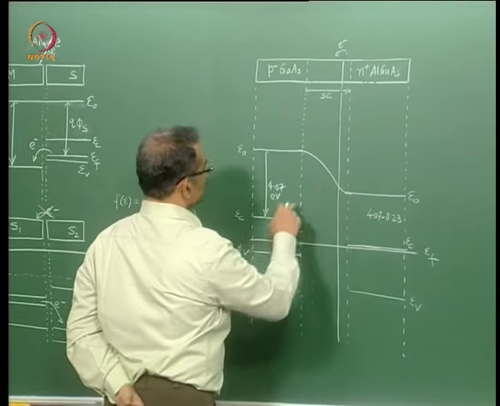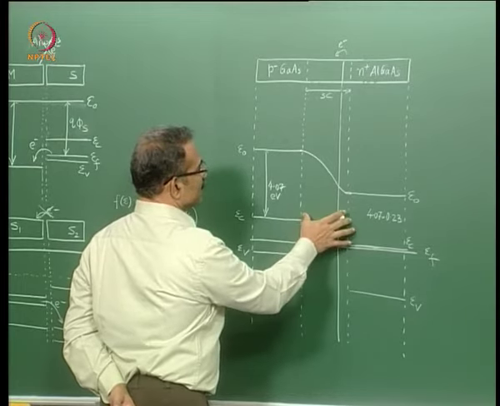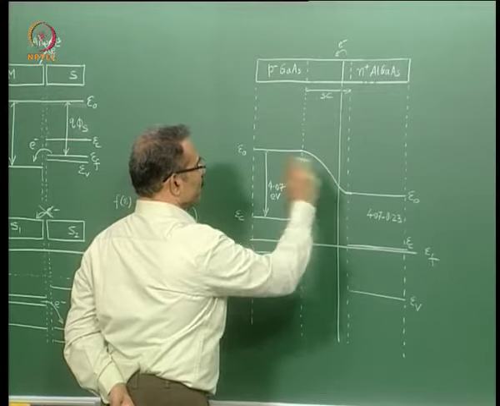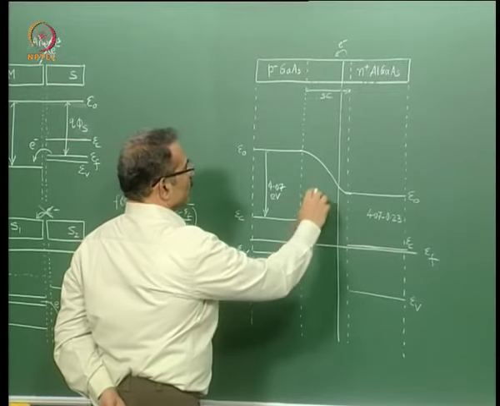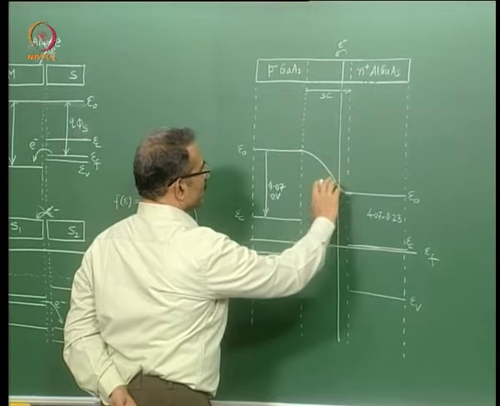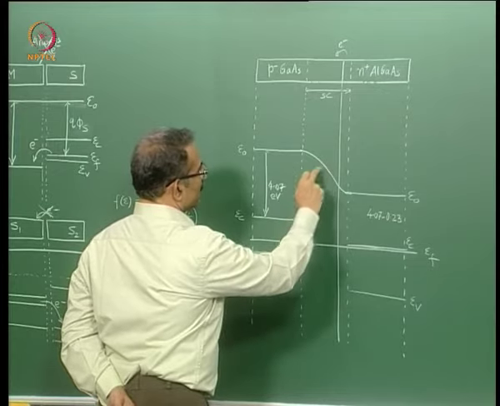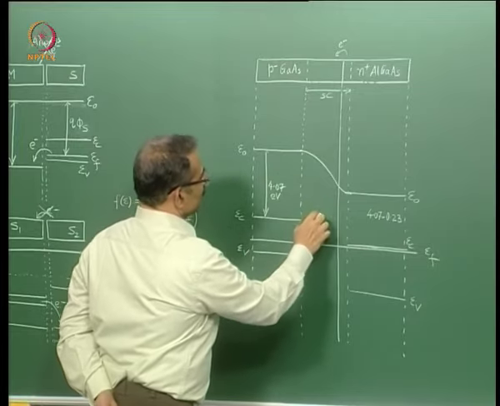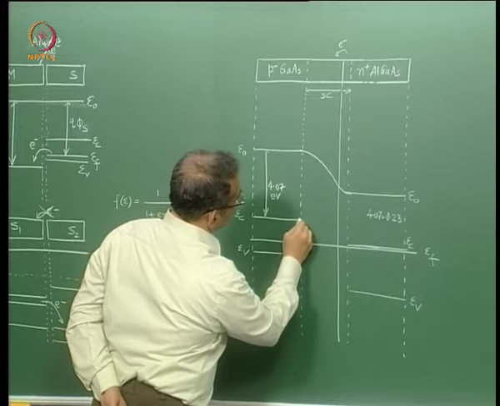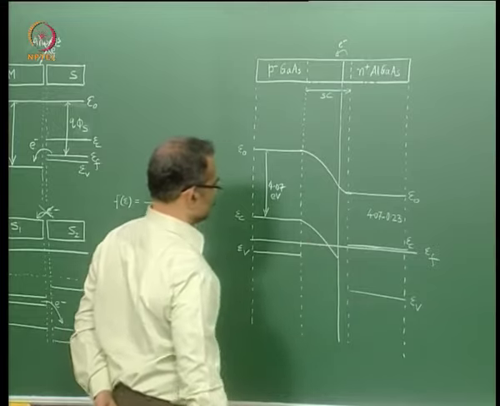Now we sketch EC and EV in the space charge region following the E0. So the electron affinity remains constant throughout the material. So I draw the EC as a line parallel to E0 at a distance 4.07 on the gallium arsenide side, something like this.